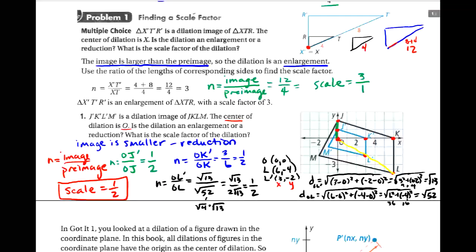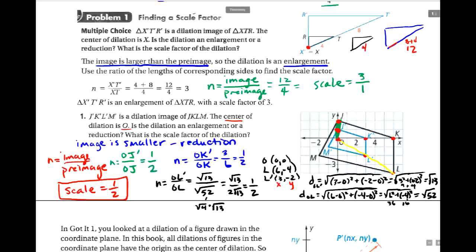To find the scale factor, we know that the scale factor equals image over pre-image. Lucky for us, we had a vertical line here, and so I compared the length of OJ prime to OJ, and they were easy to count, 1 to 2.